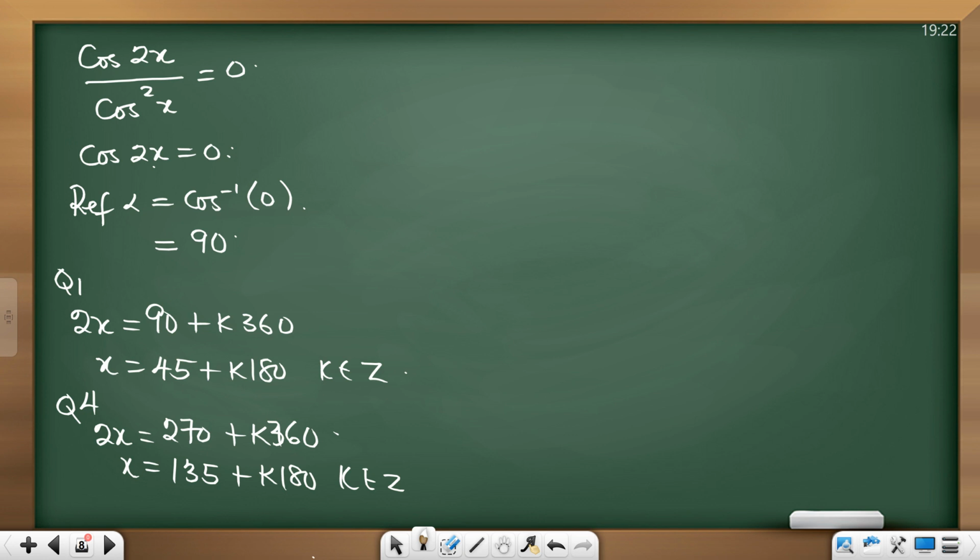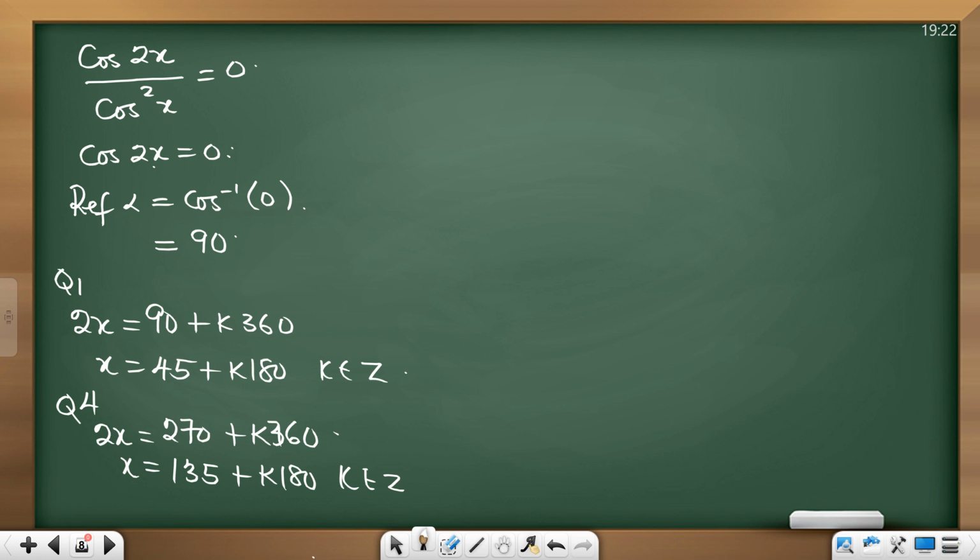Because cos, wait. No, but cos 0 is what? 1, right? Cos 0 is 1. Let's see something. Cos 0 is 1. Because that one has 3 solutions.